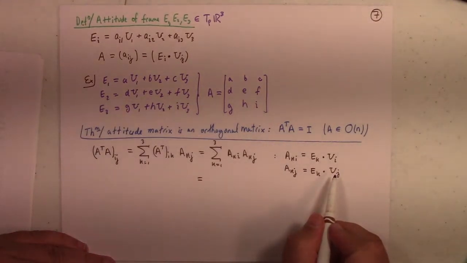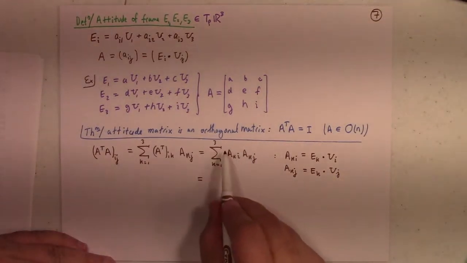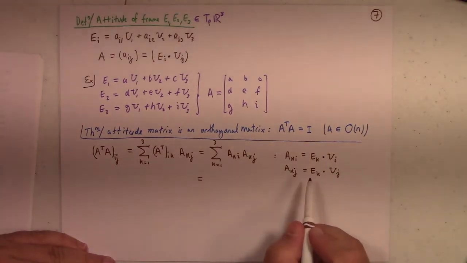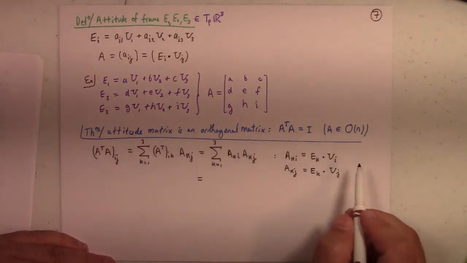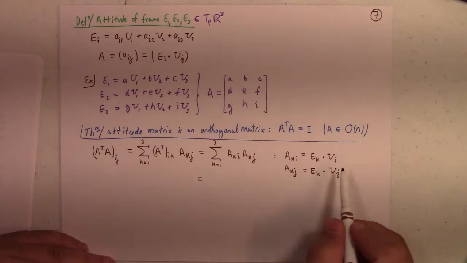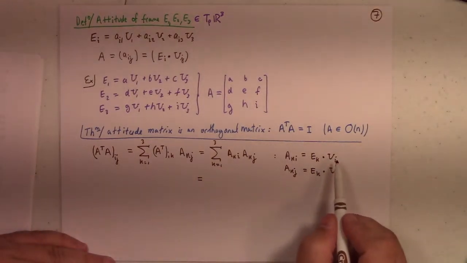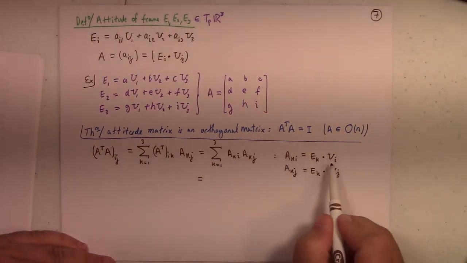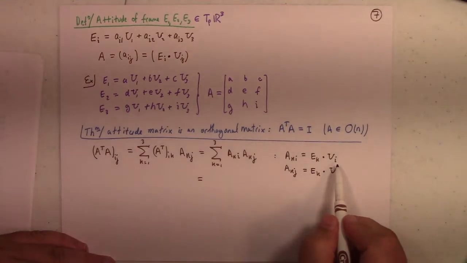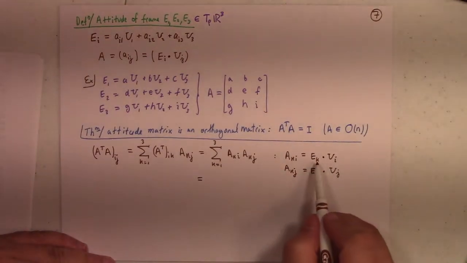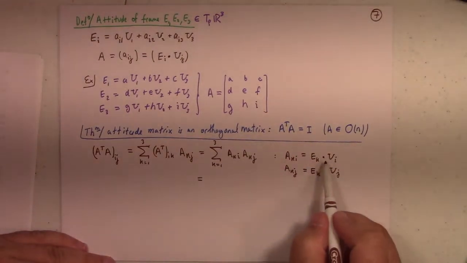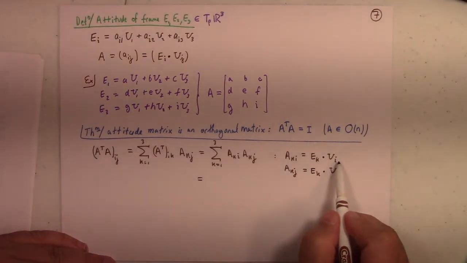I think we can rewrite this as, okay. Duh. I guess there's two different ways to look at it. One way to look at this would be that A_ki, I guess the best way to look at it, is that's the kth element of U_i, right?